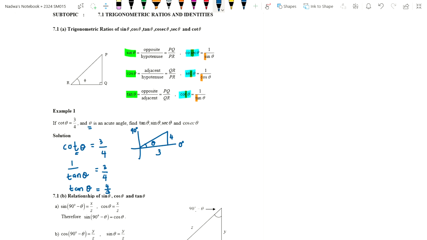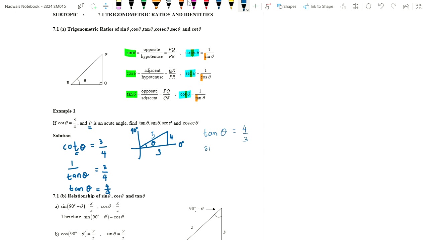Now, when we have tangent theta equals to 4 over 3, we can simplify its hypotenuse because we already have the adjacent and also the opposite. So the hypotenuse is 5. And then from there, if we want to find tangent theta, we already found it. Tangent theta is equals to 4 over 3.